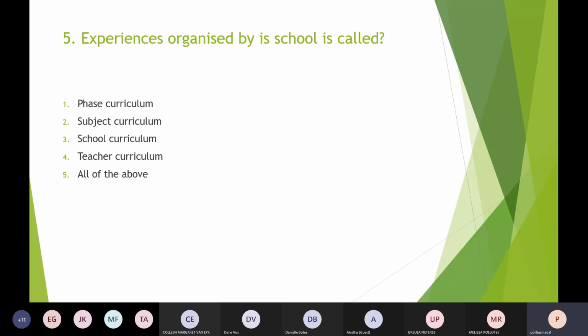It also involves your class sizes and the work allocation. So then CAPS requirements for assessment also play a role in school curriculum development. Does that answer your question, Melissa?